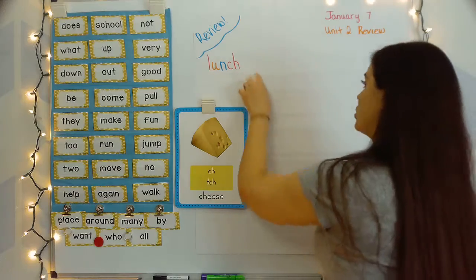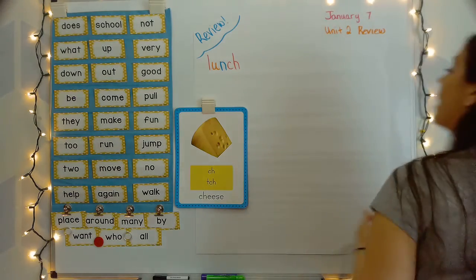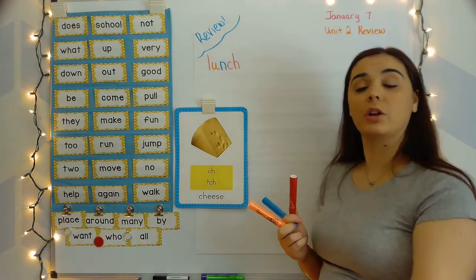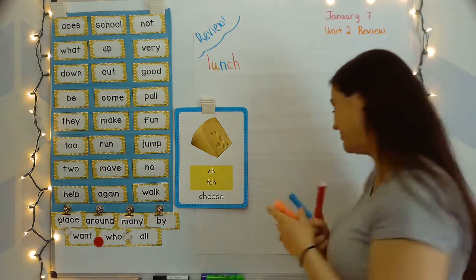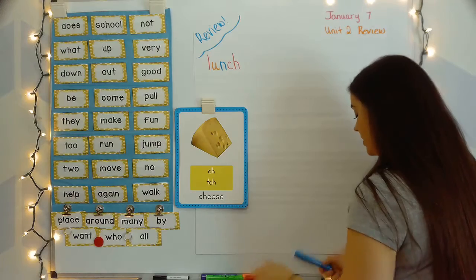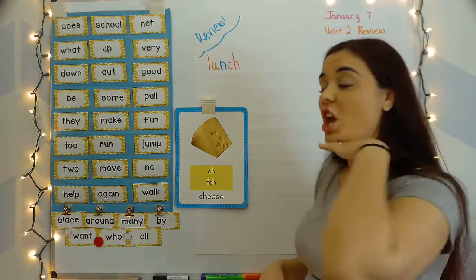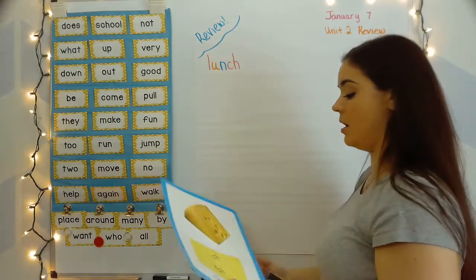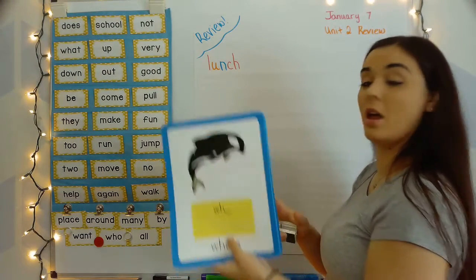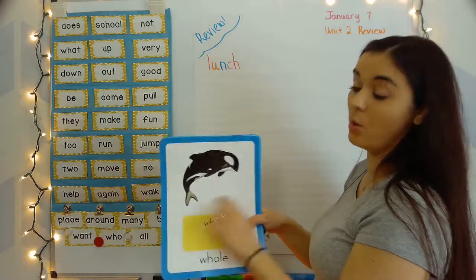Cha, lunch. Next word, which. Your turn. Wa, cha, which. So this word, which, you hear the cha, like the cheese card, but you also hear the wa, like the whale card.